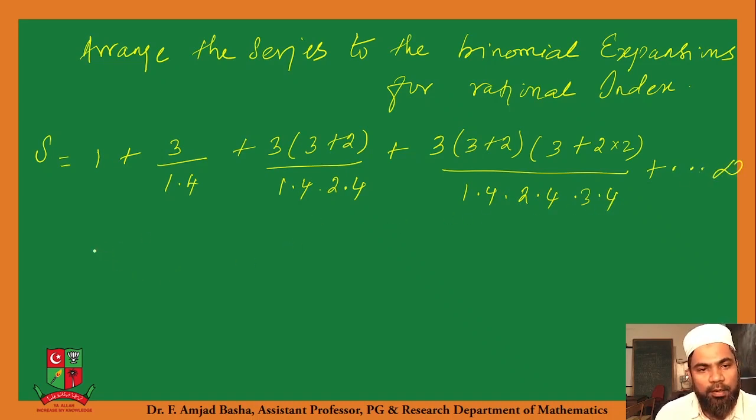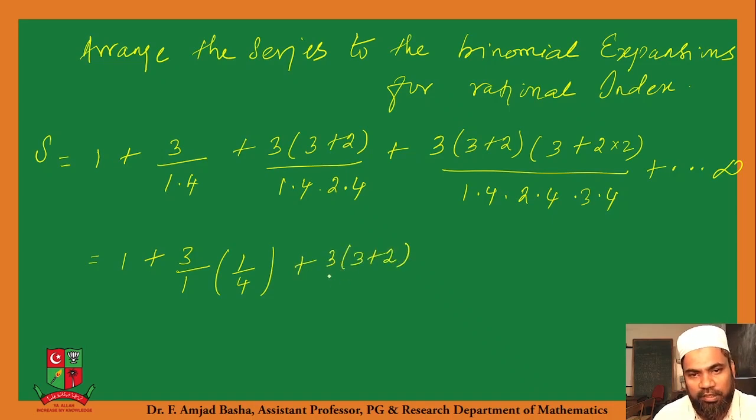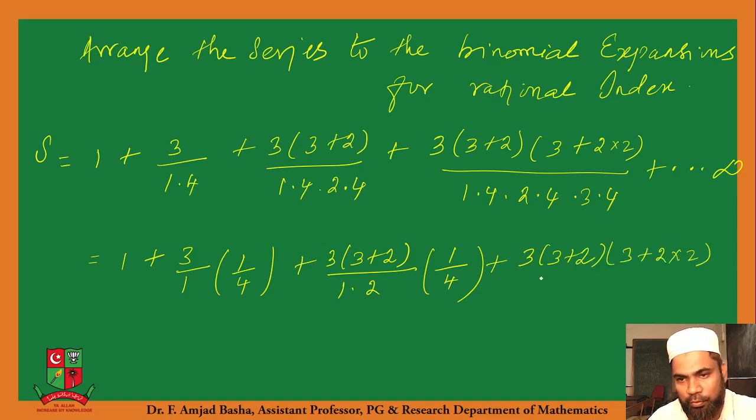So again, when I simplify this, let me put it in this way: 3 by 1 into 1 by 4 plus 3 into 3 plus 2 divided by 1 into 2 into 1 by 4 squared plus 3 into 3 plus 2 into 3 plus 2 into 2, the whole divided by 1 into 2 into 3 into 1 by 4 cubed.